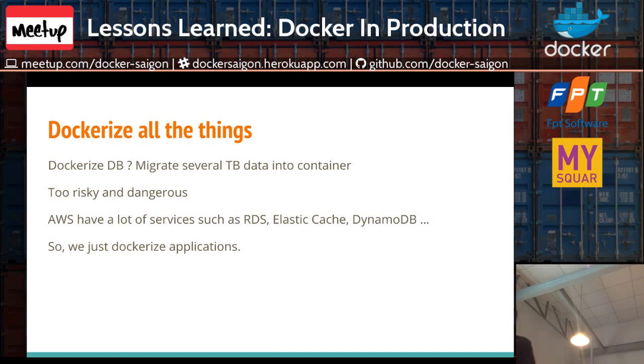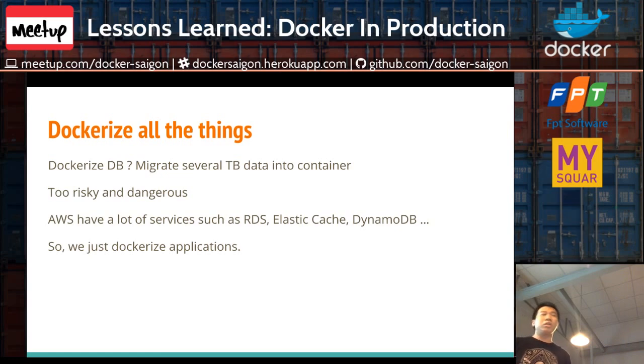The second reason is that our system is based on AWS and we use a lot of AWS services like RDS, Elasticsearch, or DynamoDB, and we want to use AWS services as much as possible.